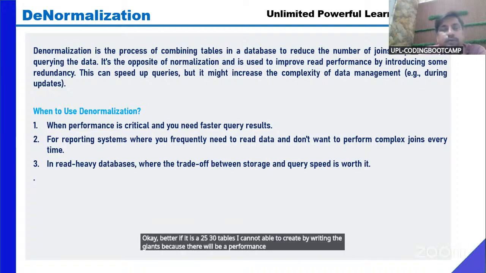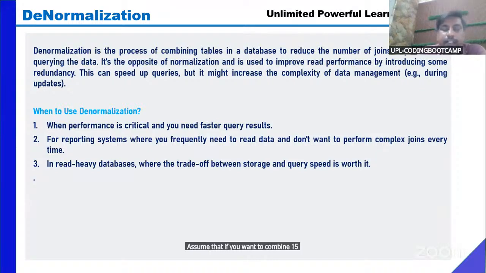Joining two or three tables already takes more time. Assume you have to combine 15 tables; writing the query will be complex. So in such situations we have to go against normalization.